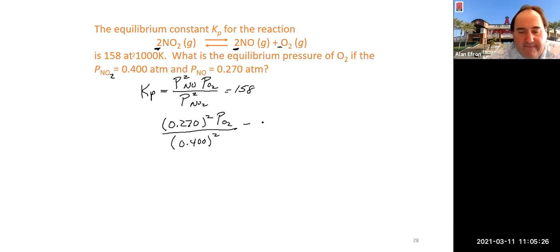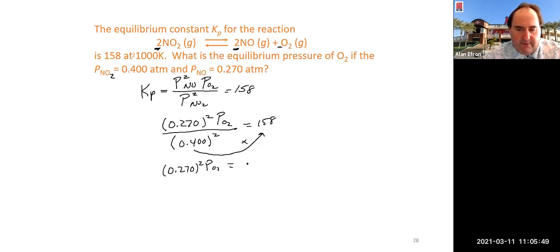That equals 158. We're going to take this to the other side and multiply it. So 158 times 0.4 squared gives us 0.27 squared times the partial pressure of O2 equals our number.